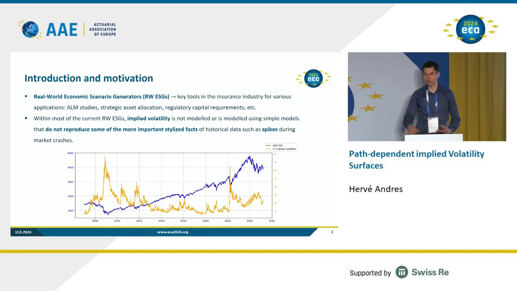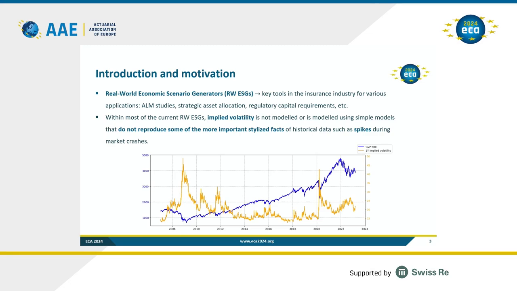These tools have become really key inputs for many applications. In the first talk, you have seen one application, because for asset allocation, you need to project your assets. But you can also use it for the computation of regulatory capital requirements, or more generally in ALM studies.